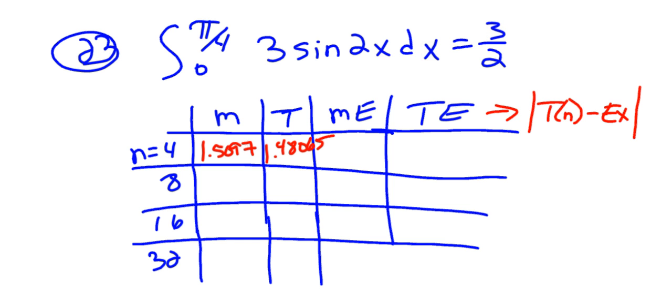So in this case, it's the absolute value of the 1.48065 minus the 3/2 that they gave us, and that's your value here. So for the error, it's just a lot of plug and chug and calculating the absolute value of your approximation to their given exact. And that's all we're going to do with the errors that we want to find here.